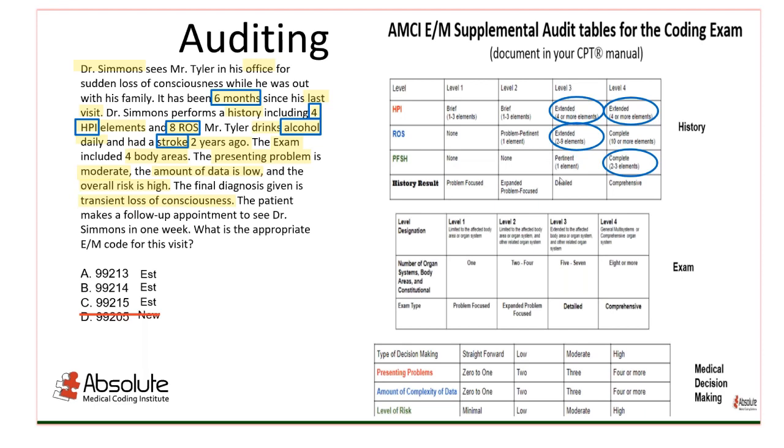So that would be considered a level 3. In level 4, we didn't quite get there with the ROS, so since we didn't fulfill it, we can't code it as a level 4. So just remember, with that history table, we take the lowest, which would be detailed. So let's go ahead and document that. We know we have a detailed history.